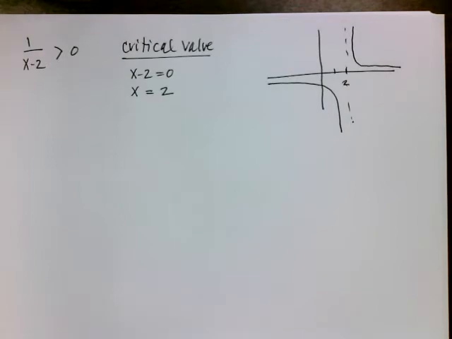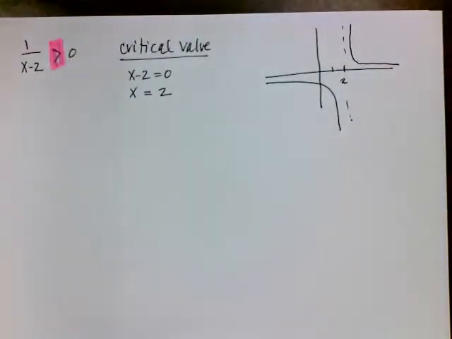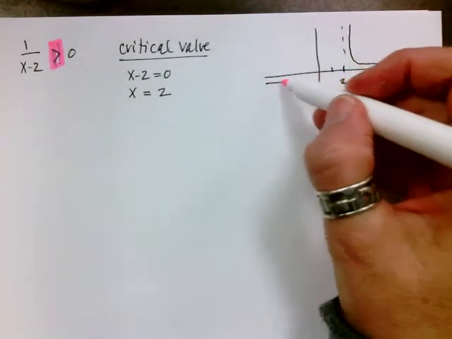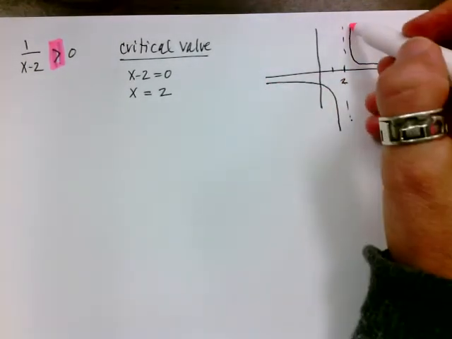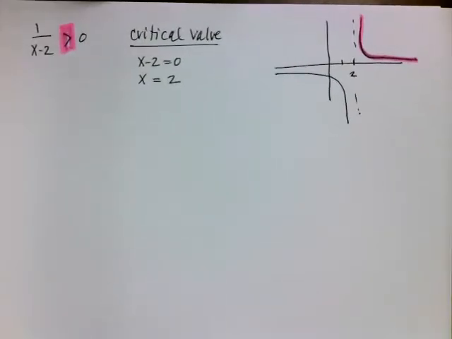All right, so now let's talk about our inequality. I'm trying to find when the values are greater than 0. So if I look at my graph, this portion of the graph is less than 0. This portion of the graph is greater than 0.